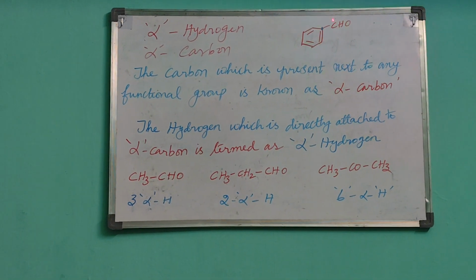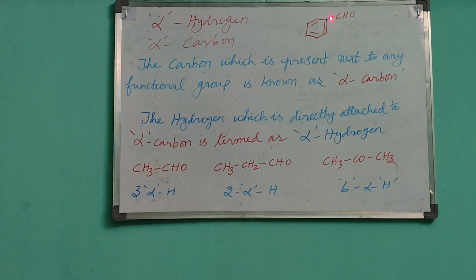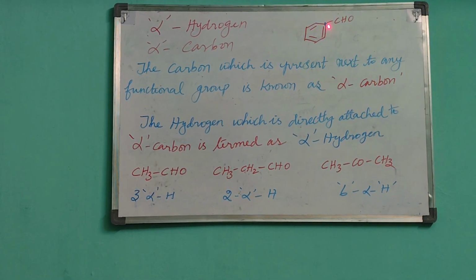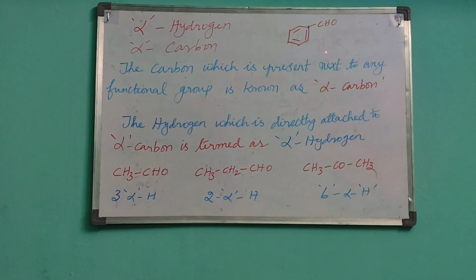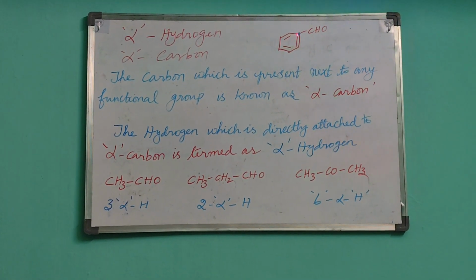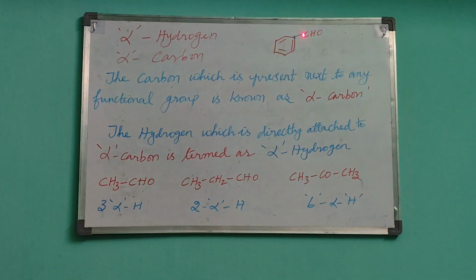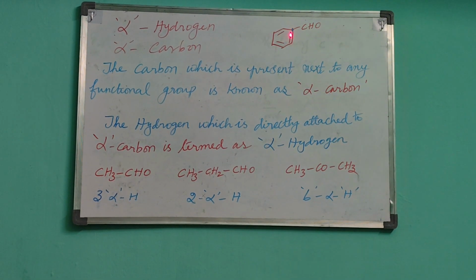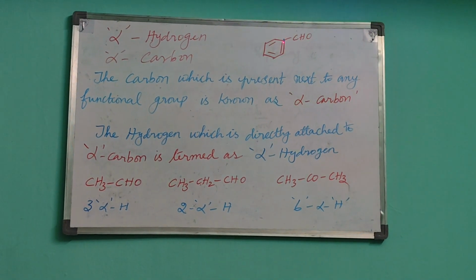First you have to find the alpha carbon. This CHO is directly attached to this carbon, which I pinpointed with the blue ink. This blue ink represents the alpha carbon. This carbon is directly attached to the CHO group, so this is the alpha carbon.